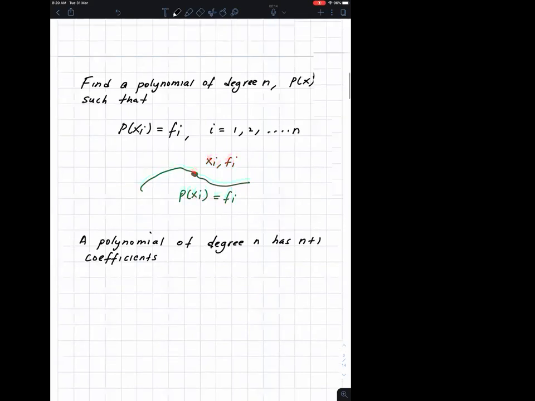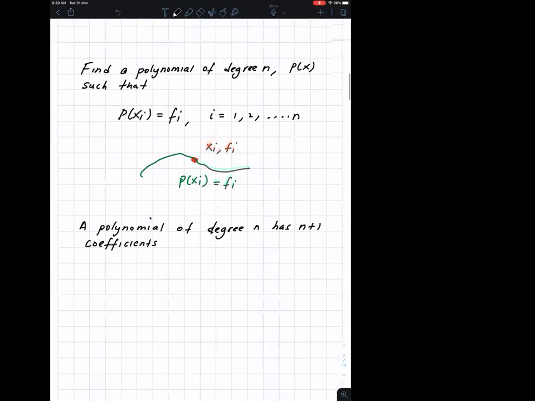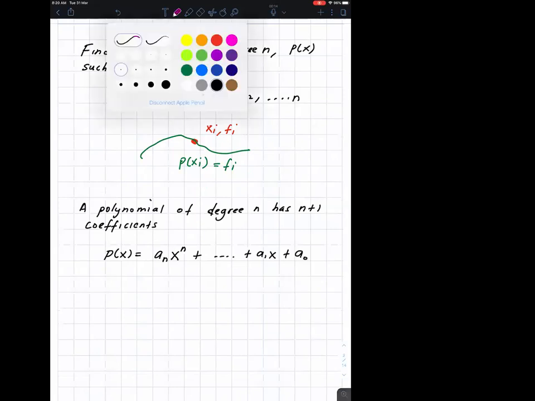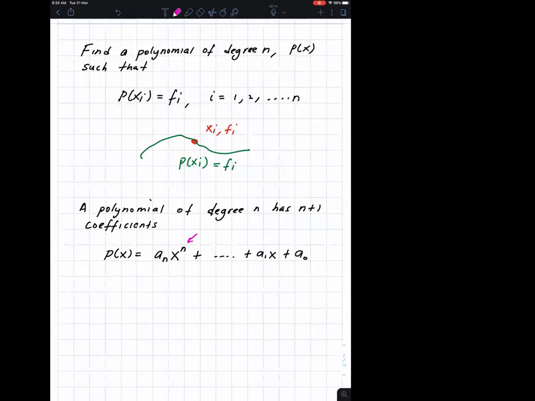Let's say p(x) is the polynomial. Usually a polynomial has a constant, and then you will have the degree of the polynomial, which is called n, plus all the other terms, a1 x plus a naught. This is the degree of the polynomial.